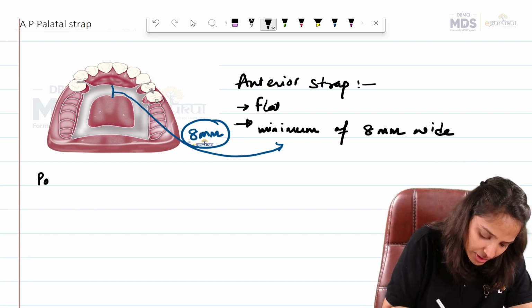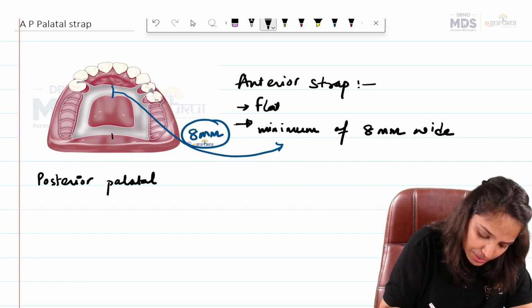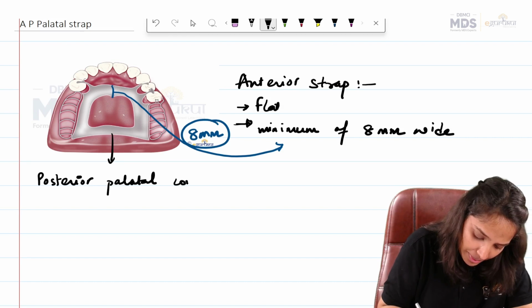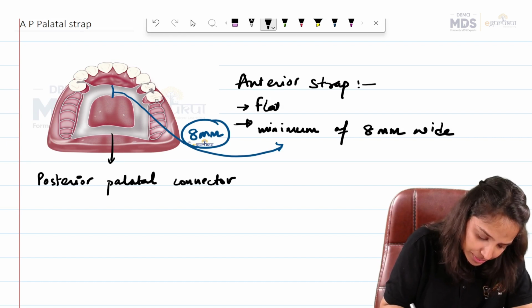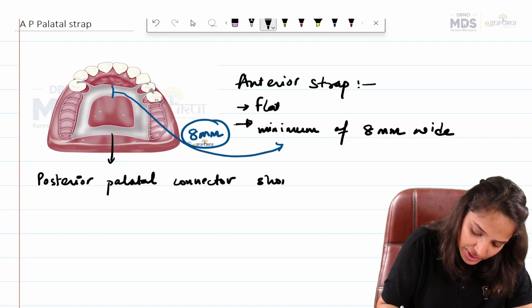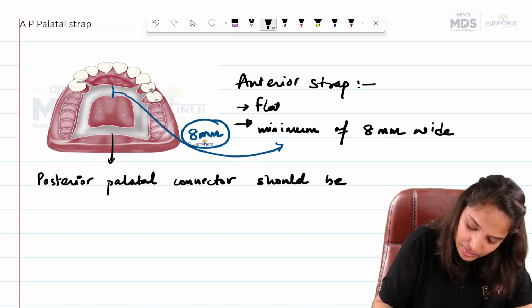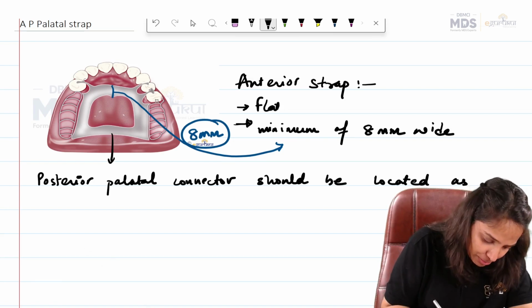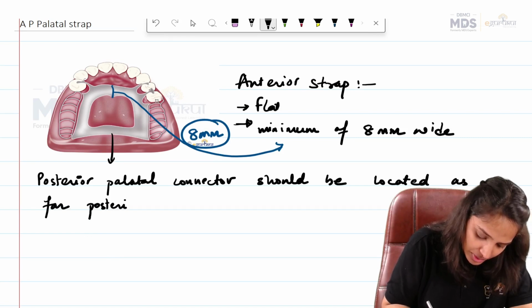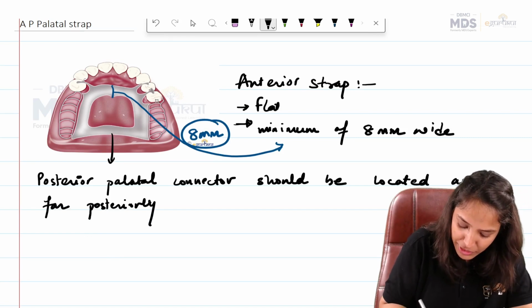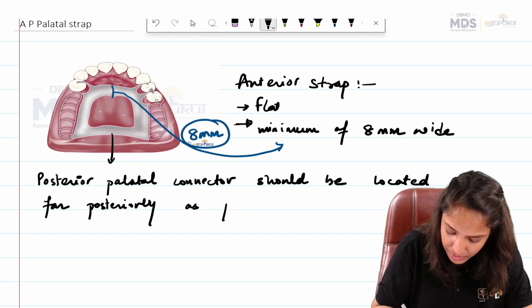Again, you will have a posterior palatal connector also, which is this part, should be located as far posteriorly as possible to avoid interference with the tongue.